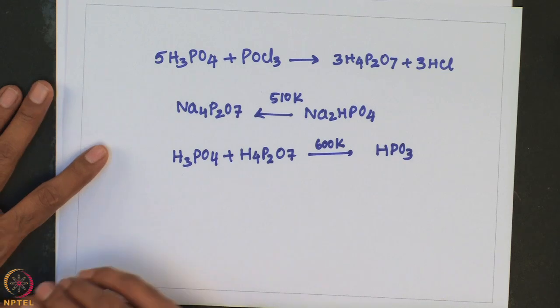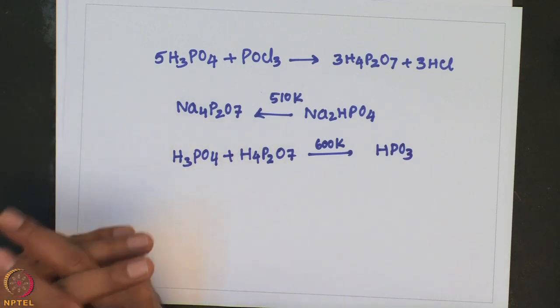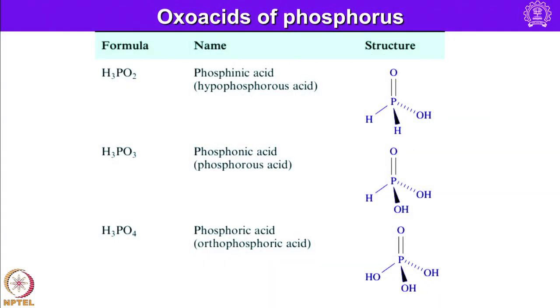Okay, you can see some of the oxoacid structures I have shown here. This is phosphinic acid. You can see here it is a monobasic acid because we have one OH group and of course 2 PH groups, and then phosphonic acid we have 2 OH groups. So, it is a dibasic acid, and phosphoric acid has 3 OH groups, it is a tribasic acid.